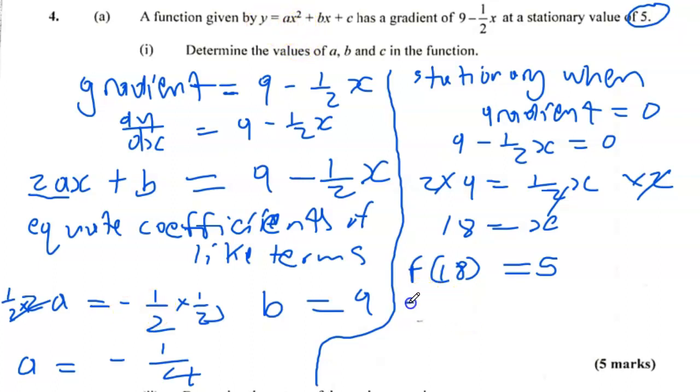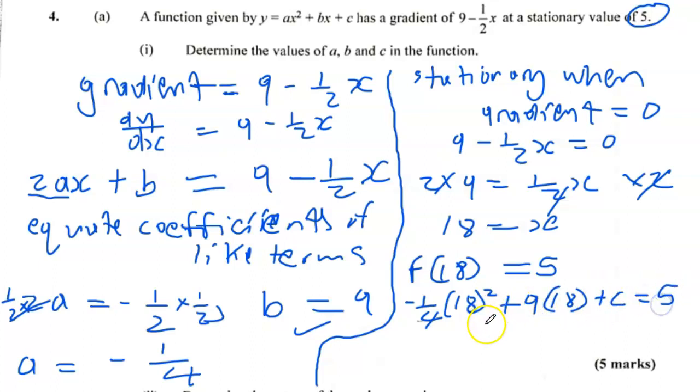So it's minus a quarter times x squared, replacing the x with 18, so minus a quarter times 18 squared, plus b, we know the value of b is 9, replacing x with 18. And if we add c, the result should be 5.